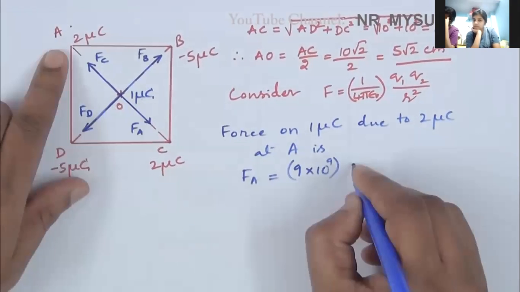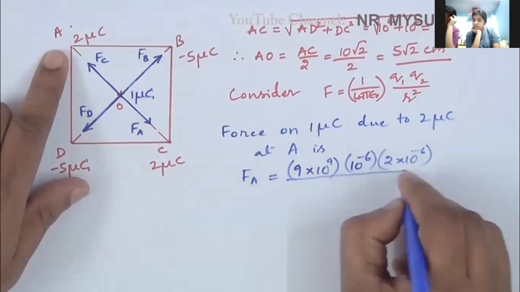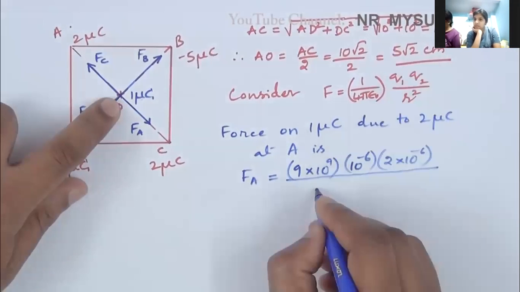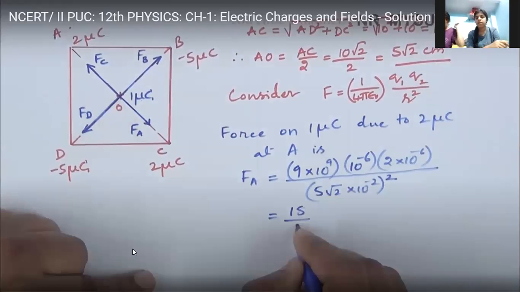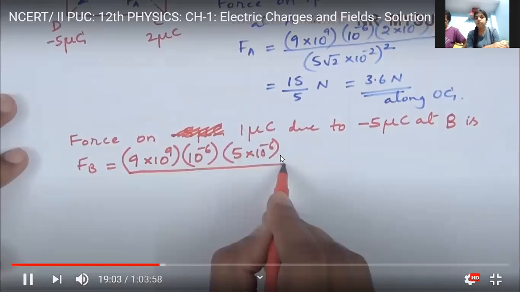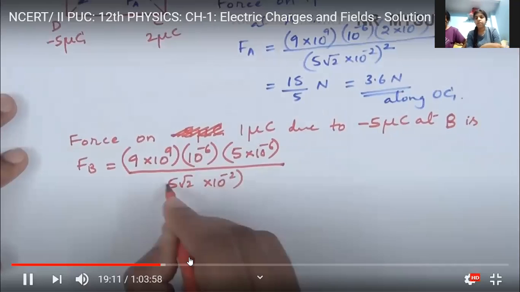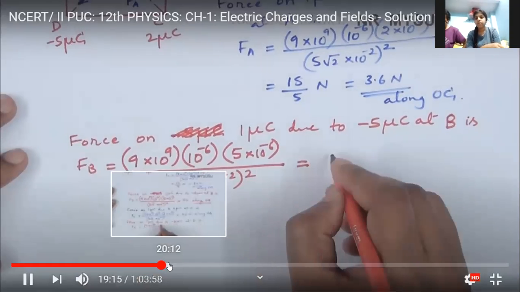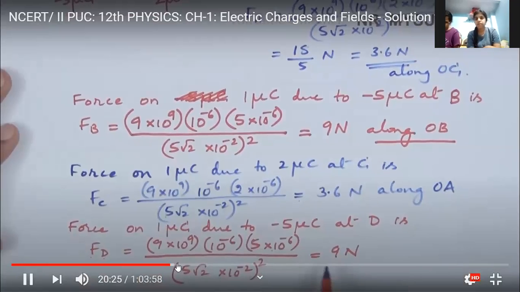The two charges are 1 × 10^-6 and 2 × 10^-6, divided by the distance, which is 5 root 2 centimeter, that is (5 root 2 × 10^-2) squared. Similarly, force due to charge at D, constant 9 × 10^9, 1 × 10^-6, second charge is 5 × 10^-6, divided by the distance. It is 9 Newton.